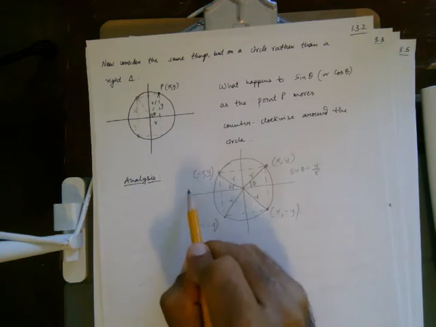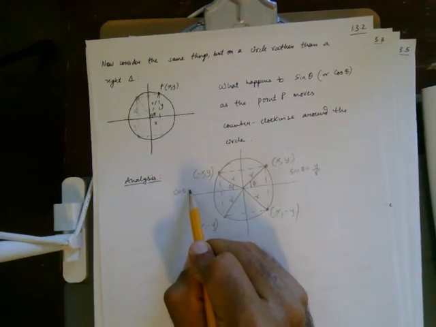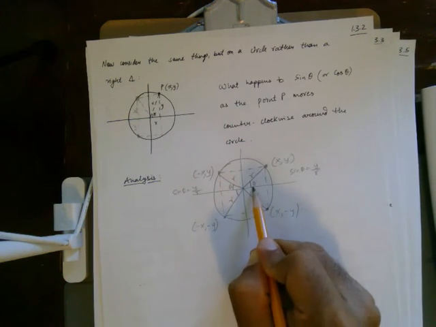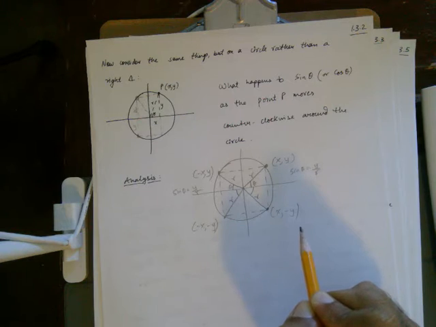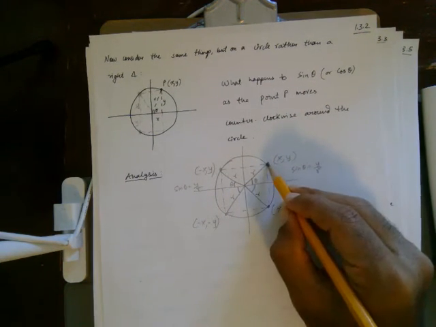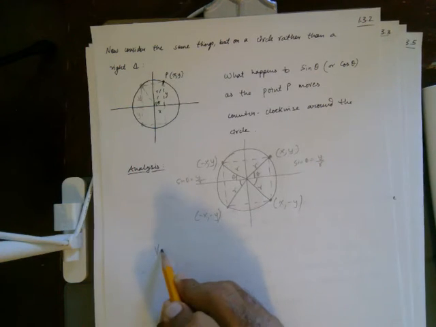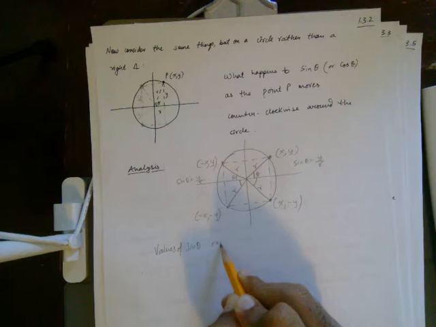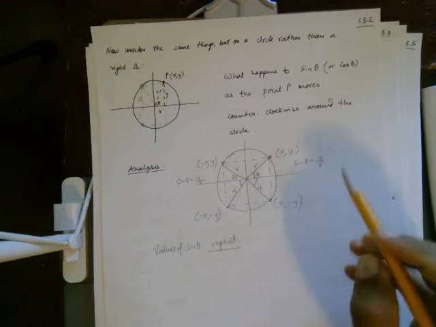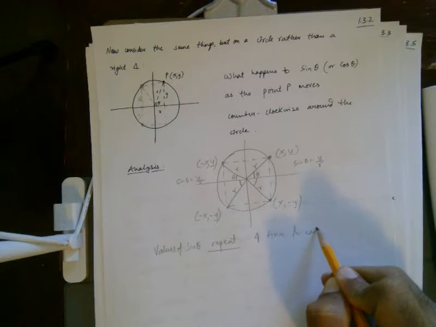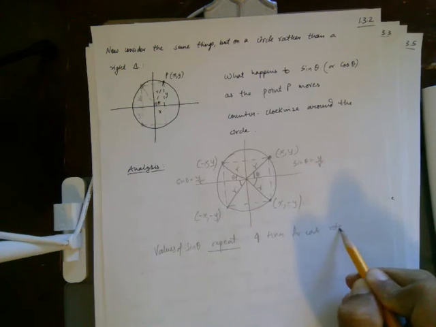But this is also going to be sine theta, y over r. And this is also going to be sine theta, and this is also going to be sine theta. Alright, so this is telling me that the values of sine theta repeat 4 times for each rotation.